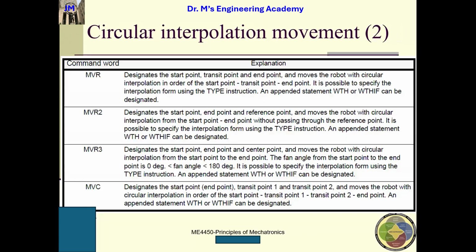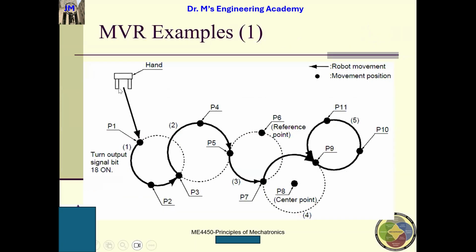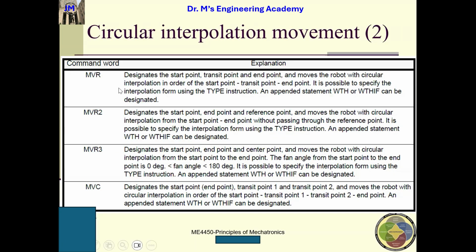So here are several circular interpolation movements: MVR, MVR2, MVR3, and VC. They are different. MVR is the commonly used one. For MVR3, I'll talk about this one very quickly.